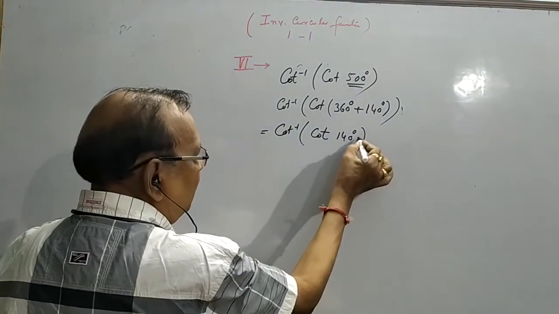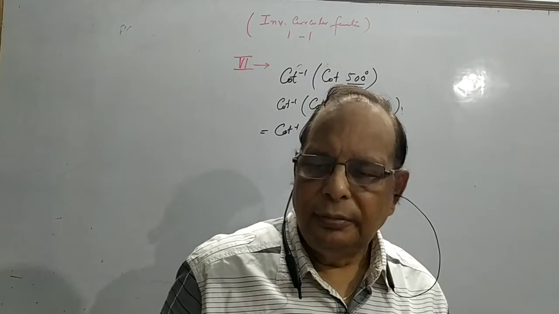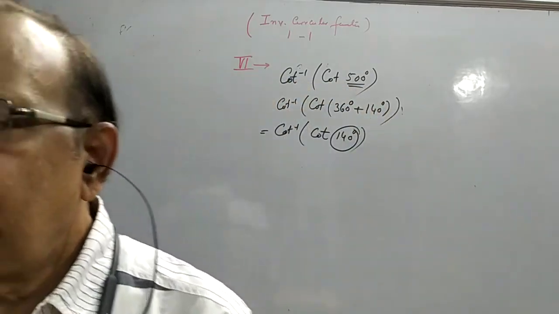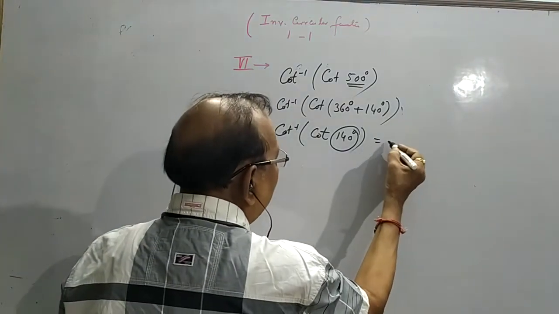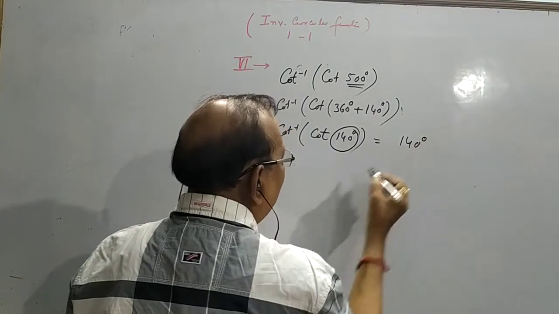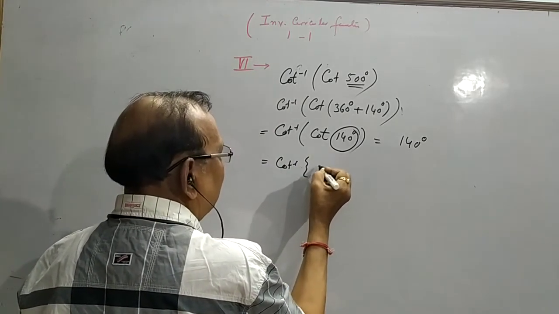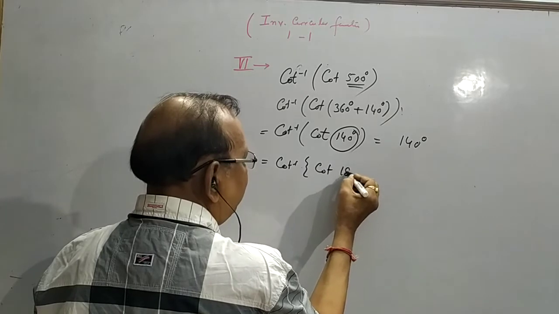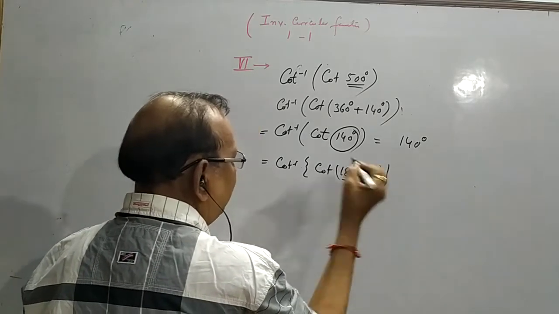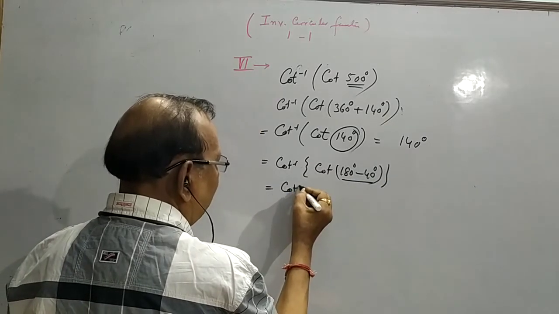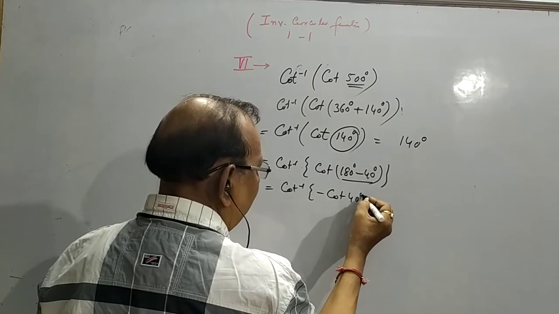Now, you may notice that 140 degrees is within principal values. So you may write directly if you are interested. Otherwise, you may use this as cot of 180 degree minus 40 degree, which is negative. Cot inverse of minus cot 40 degree.